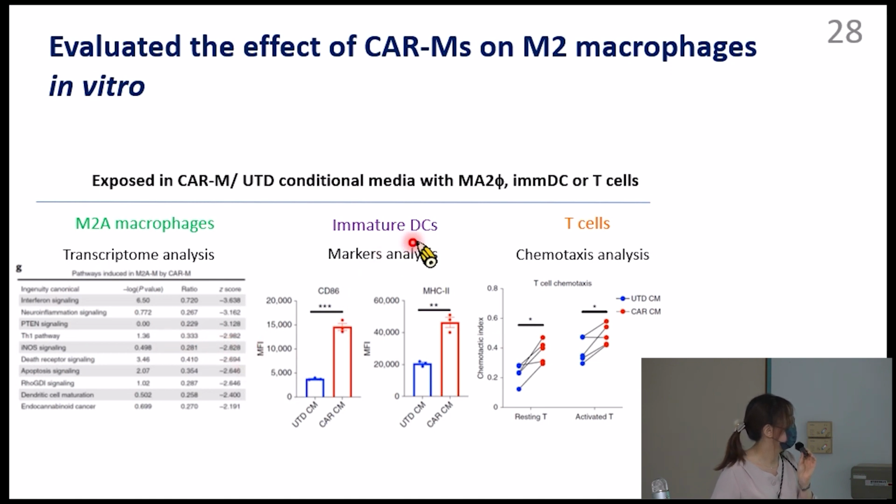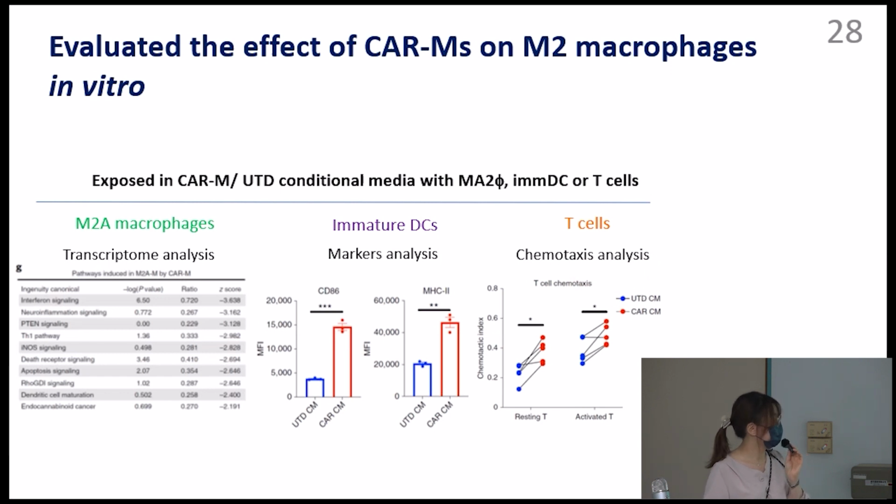And for the dendritic cell, they also can express some markers, and these markers mean this DC moves toward an inflammatory state, and it can also activate T cell chemotaxis.